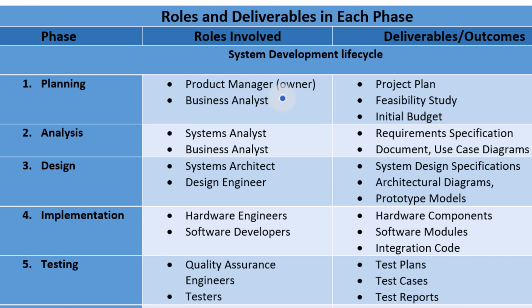For example, the system SDLC phases like planning, analysis, design, implementation, testing, deployment, and maintenance include not just software, but also the physical hardware and network infrastructure.